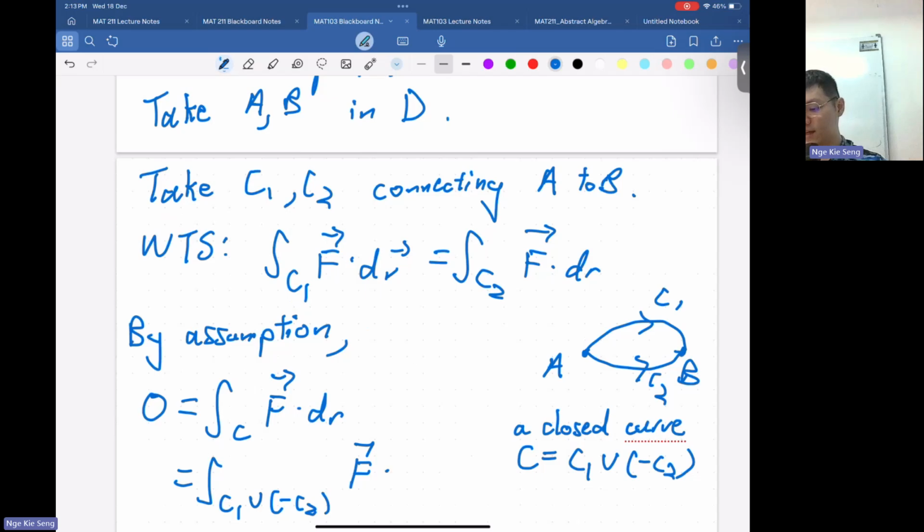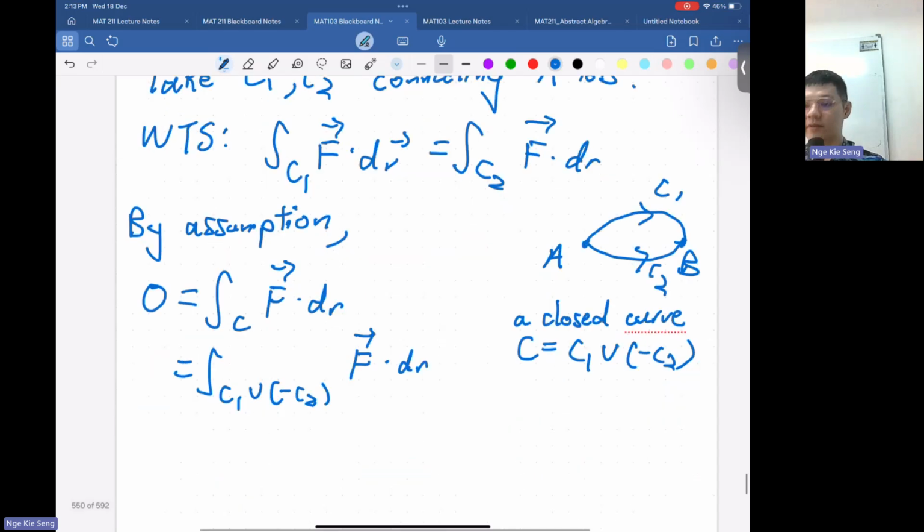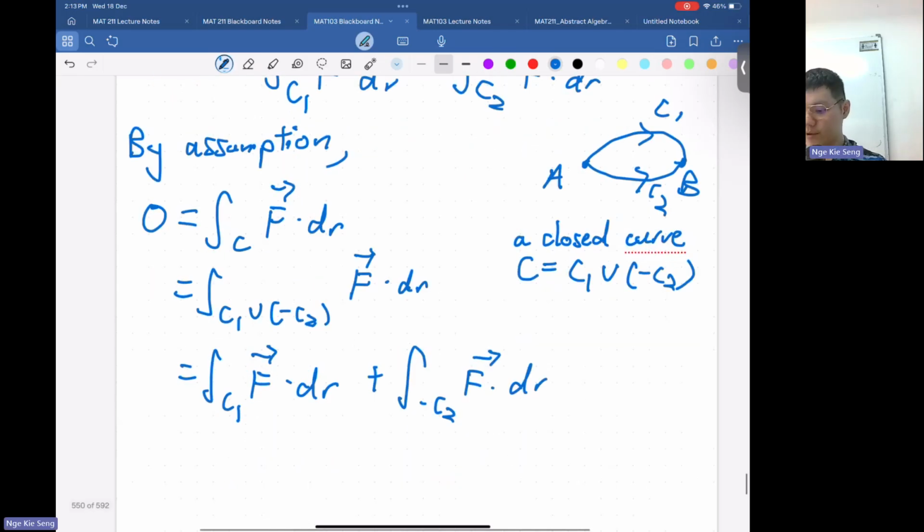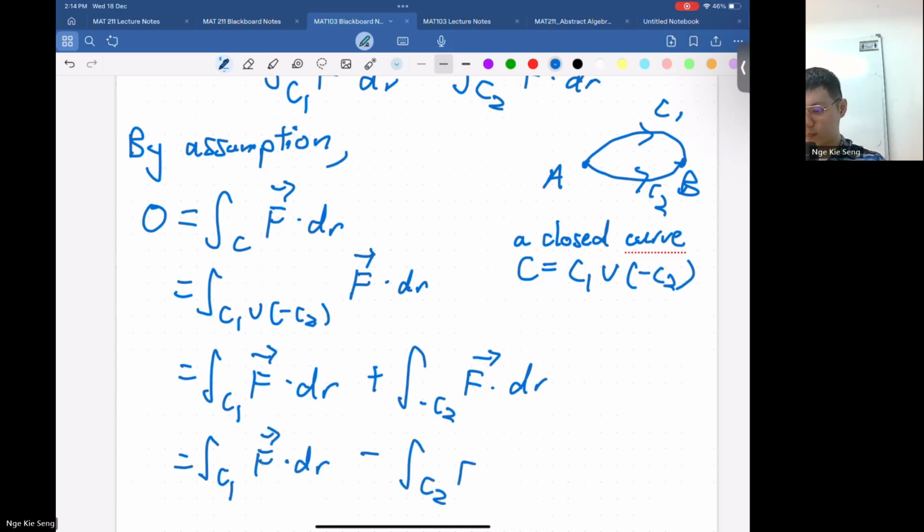Again, using the additivity of integral, we can split out the integral. And using the orientation on curve, we can bring the negative out. Then this difference is equal to 0, meaning what? Integration over C1 is equal to the integration over C2.